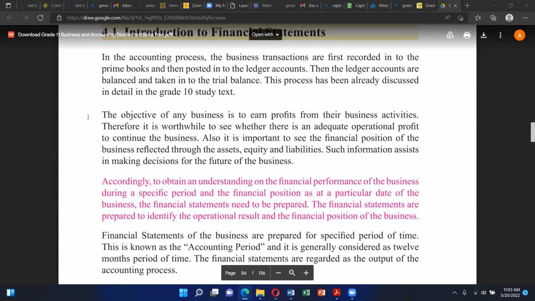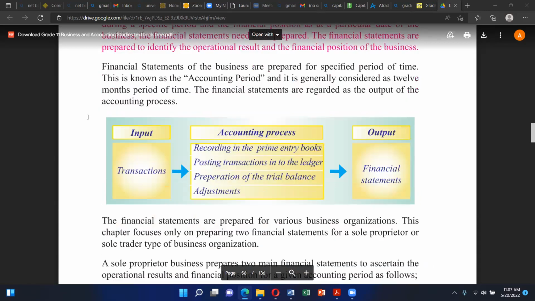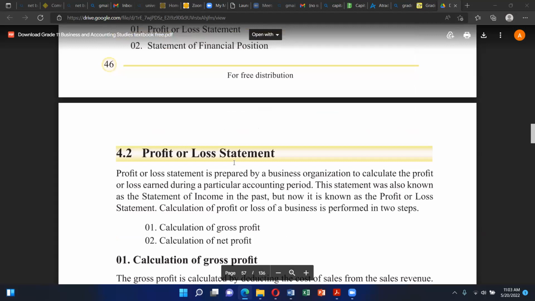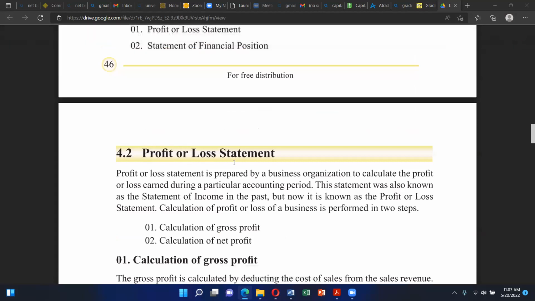And then write it down. Topic: profit or loss statement. Write this down.